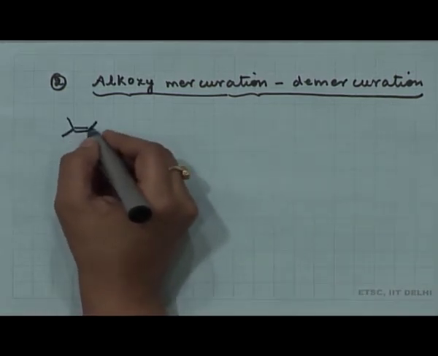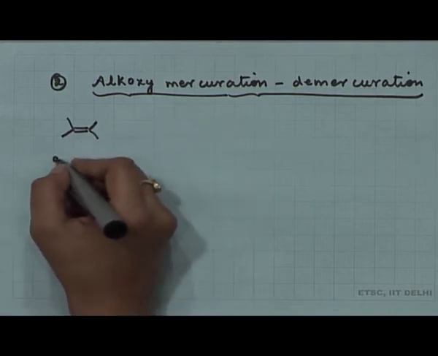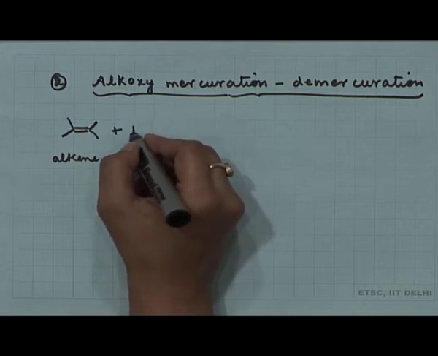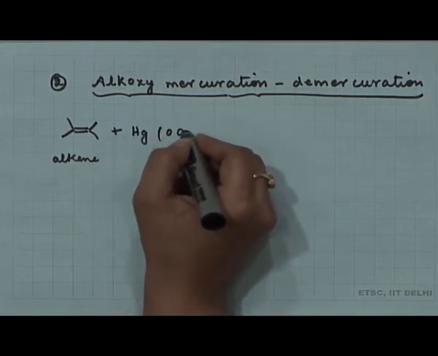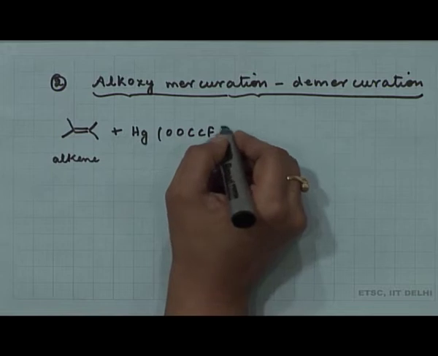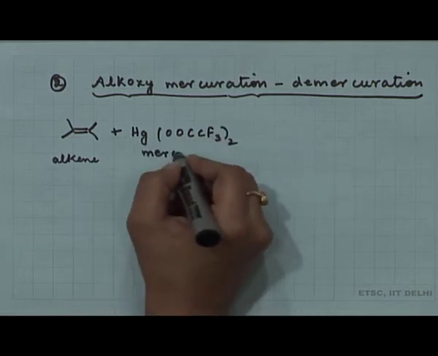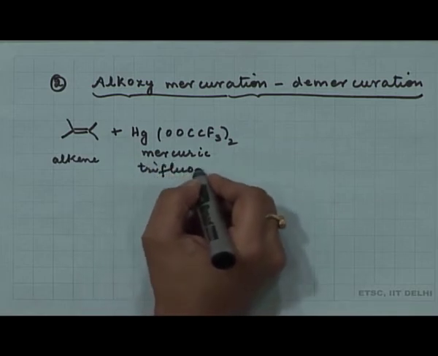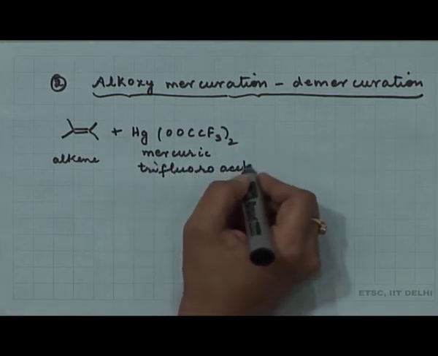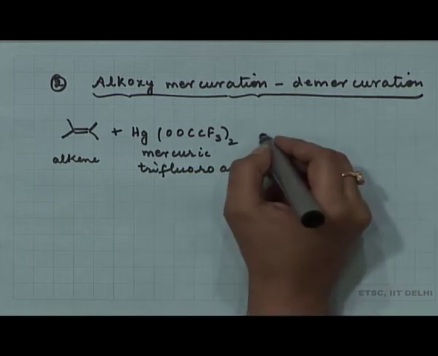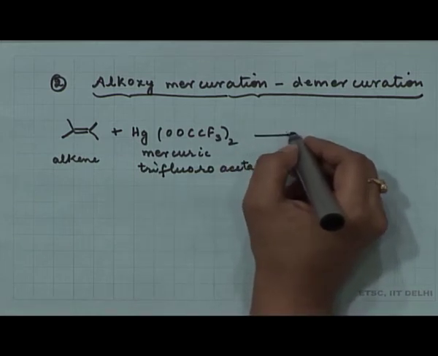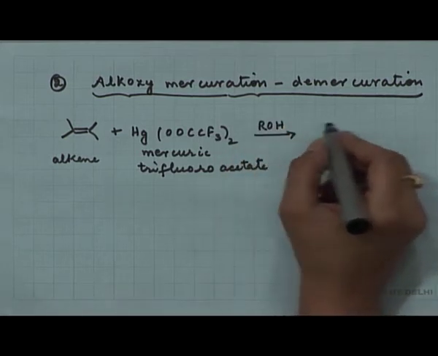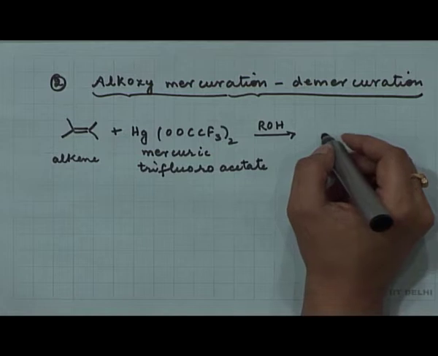The starting material is the same: you start with an alkene and treat it with the mercury salt, mercuric trifluoroacetate, and this is happening in the presence of alcohol as one of the reagents.